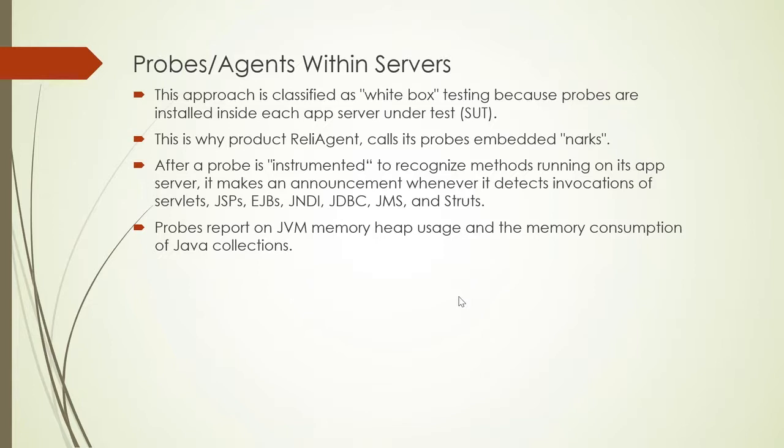So this is how instrumentation is done, and the level of instrumentation you can decide at the time of configuring the server, right? These probes report on JVM memory heap usage and the memory consumption of Java collections, everything. So this is how internal server monitoring goes, which involves either probes or agents being deployed on the server which has to be monitored.